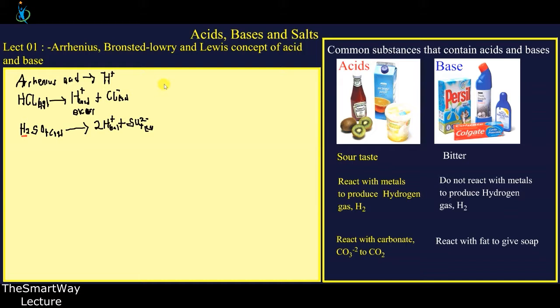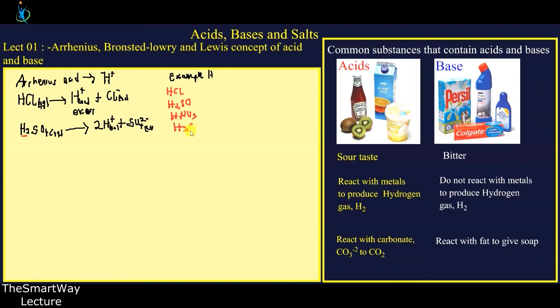So quickly, if you want to give more examples of acids, these acids must have hydrogen ions as the main element. I have given you hydrochloric acid, which contains the H, and then H2SO4, which also contains the H. We also have hydrogen nitrate, and we also have hydrogen carbonate.